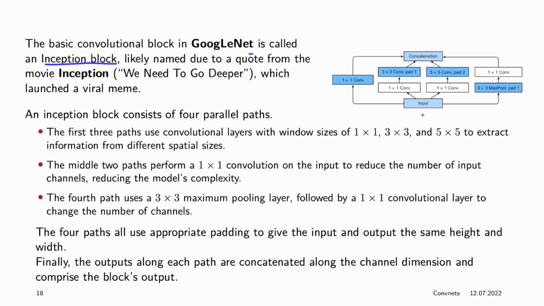If we look at this block, it takes an input and then it employs convolutions of different sizes, namely a 1x1 convolution, in parallel a 1x1 convolution followed by a 3x3 convolution, in parallel another 1x1 convolution followed by a 5x5 convolution, and a fourth parallel 3x3 max pool followed by a 1x1 convolution.